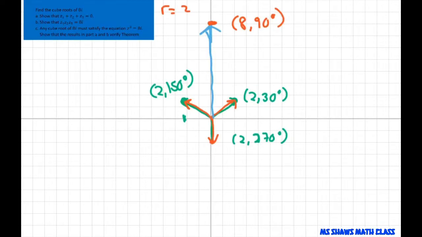So looking at this graph, we come up with this formula right here. The nth roots of a complex number can be written like this, because that's what we did.